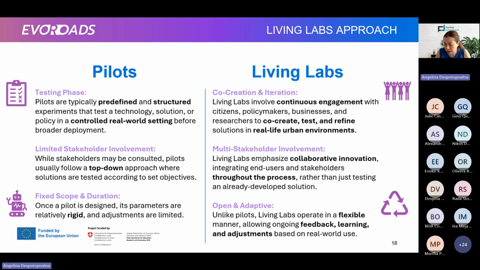a common standard research procedure, as opposed to the living labs that are centered around a community.